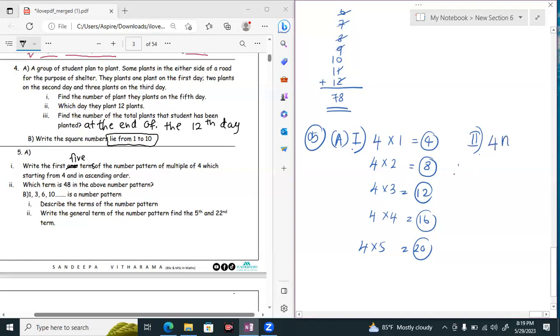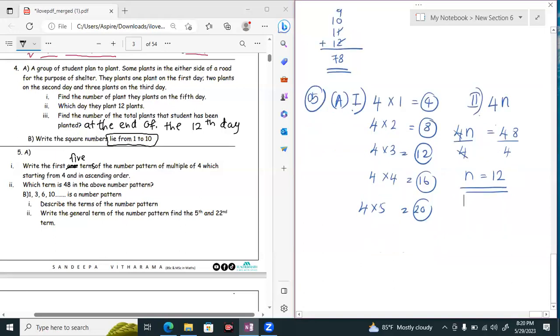So you have to equate 4n to 48, because they asked which term is 48 in the number pattern. To find n, divide both sides by 4. Then n equals 12. The 12th term is 48 in the multiples of 4.